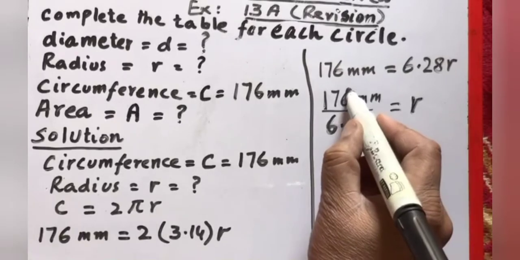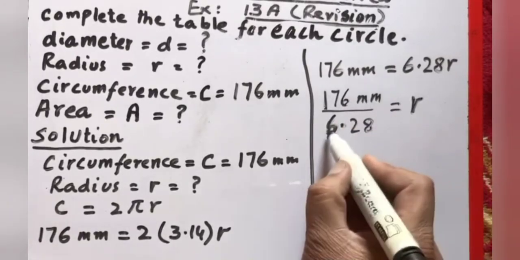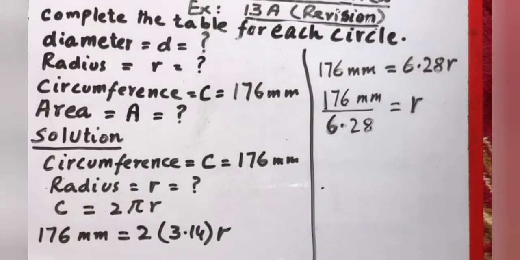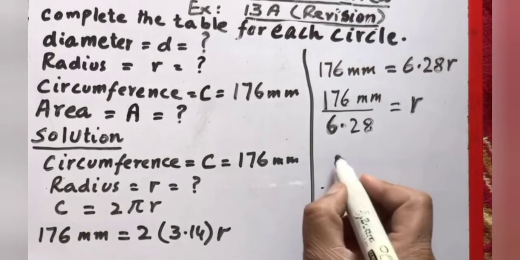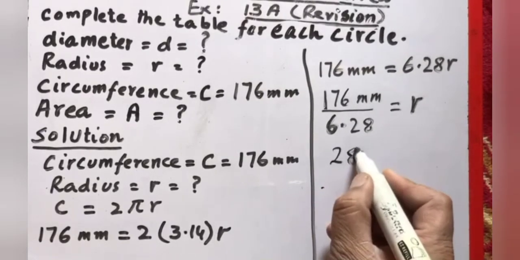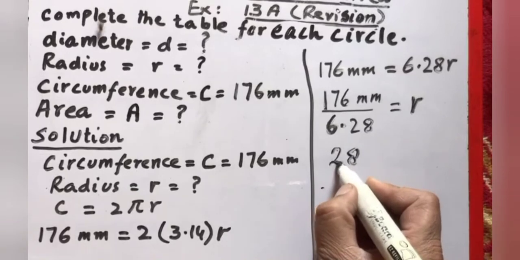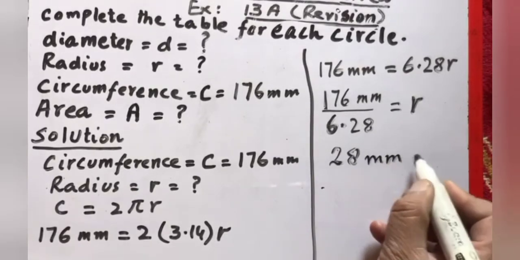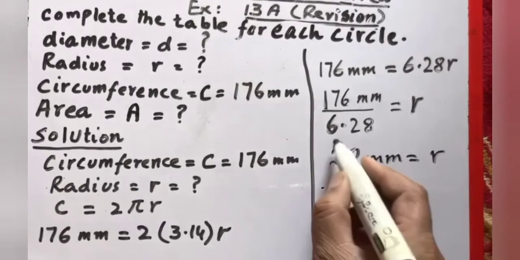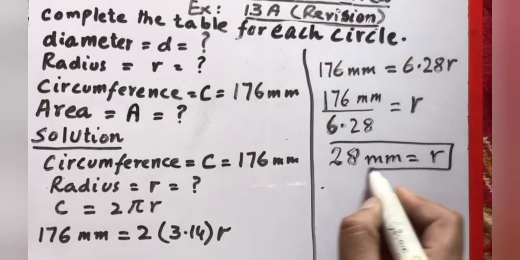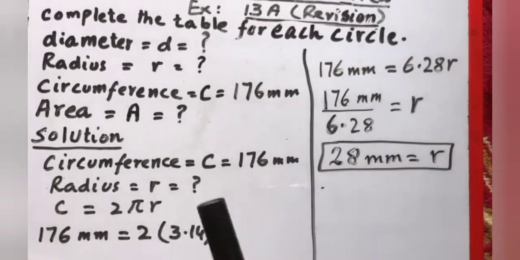If we divide 176 by 6.28, then the answer we will get is 28 millimeter. So in this way we have found the value of r, which is 28 millimeter.